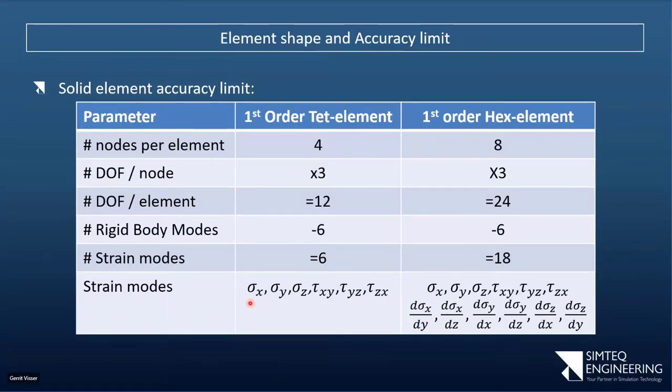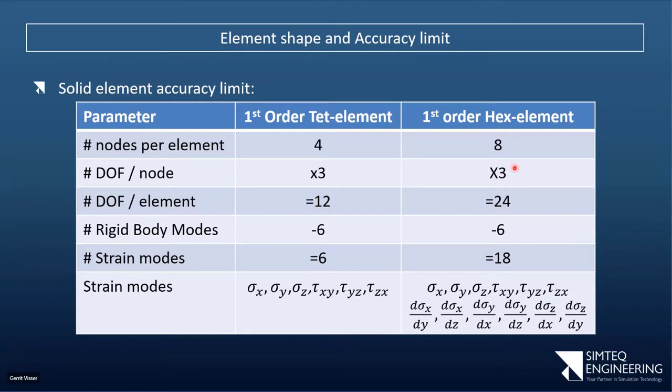And in this case, we've got stresses in X, Y, Z, and 3 shear components. So 3 direct, 3 shear, and that's the only values that we have available to be calculated. So this means the best possible accuracy this element can have is a constant stress over the whole element. In a little bit, we'll see the effect that has in terms of visually what the stress distribution looks like.